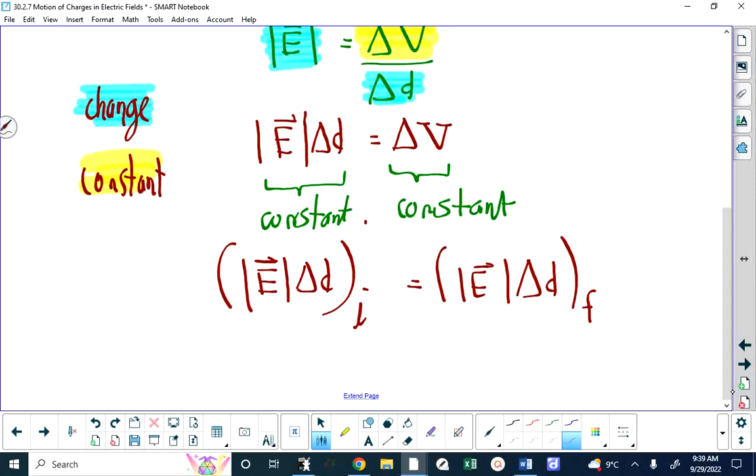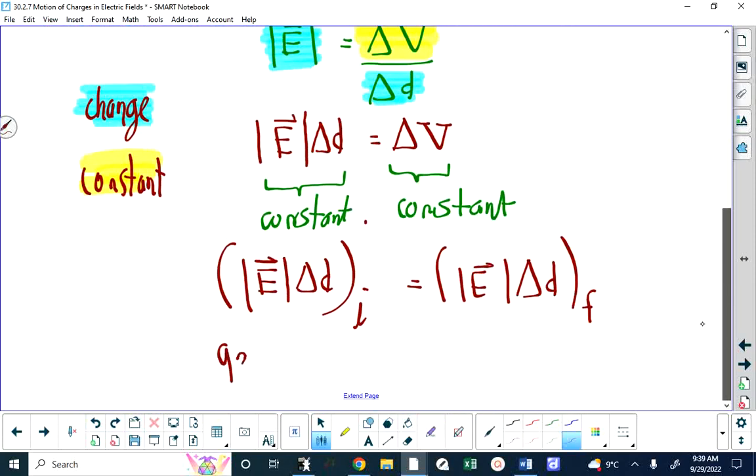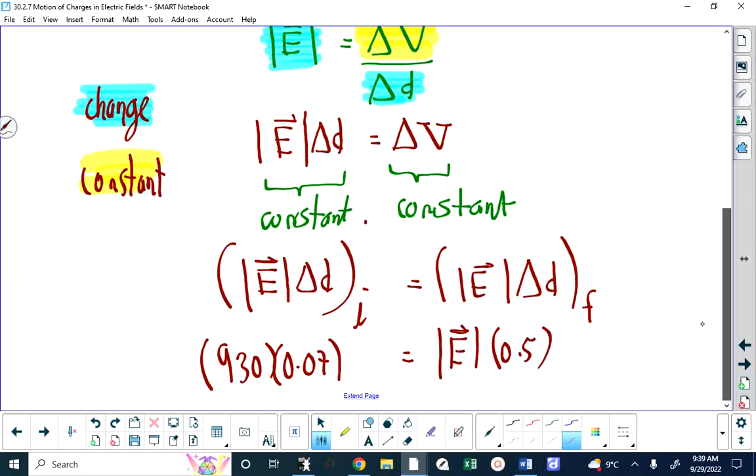So if we put in 930 multiplied by 0.07, that's going to be equal to the new electric field strength multiplied by 0.05. And you can finish the problem now.